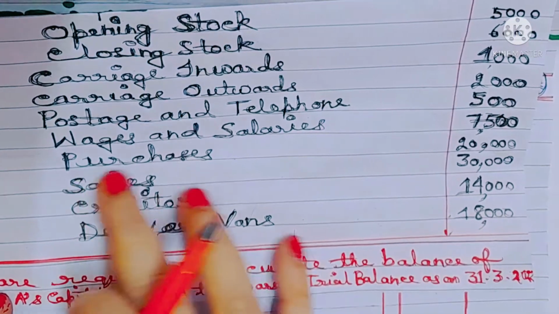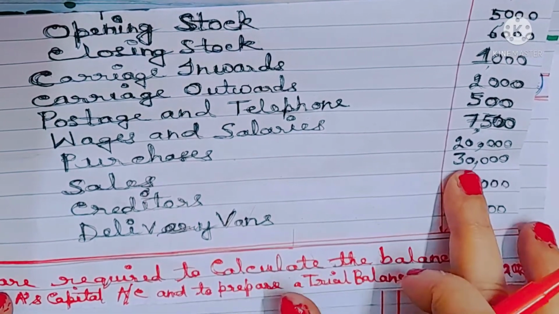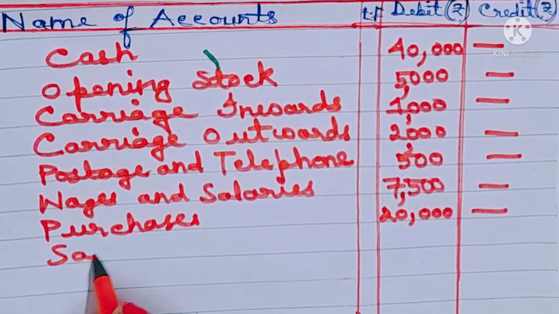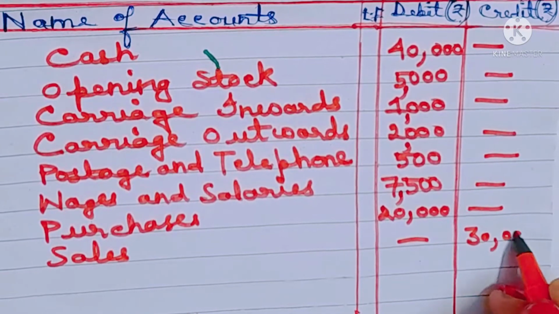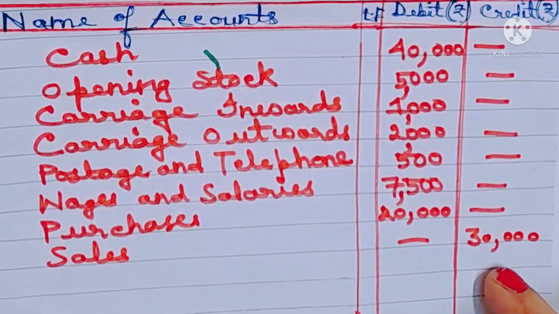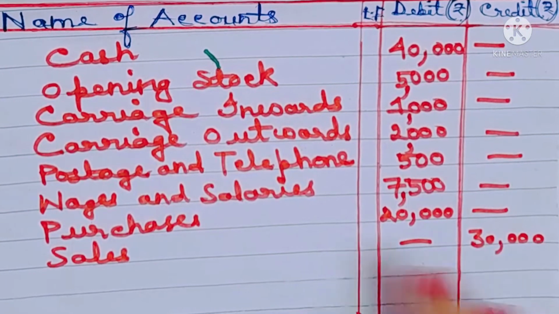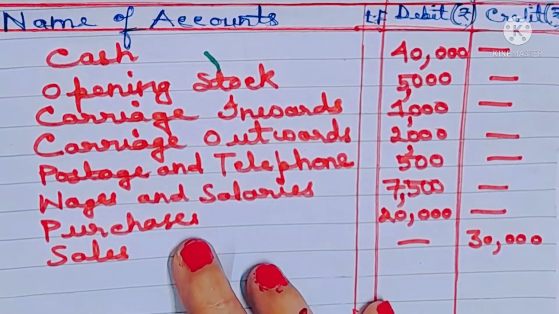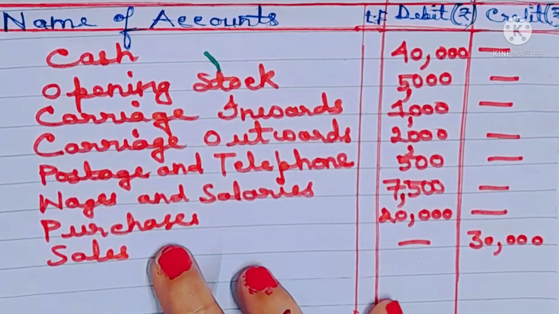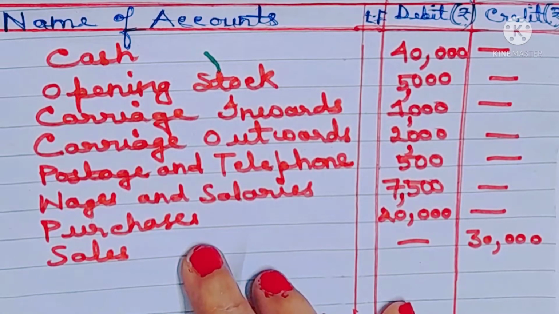The next account is sales, 30,000. Let's write sales. Sales has a credit balance, and that is the reason we're writing 30,000 in the credit column. But why sales is credit? Because sales come under real account as well as nominal account. According to real account, what goes out is credit.